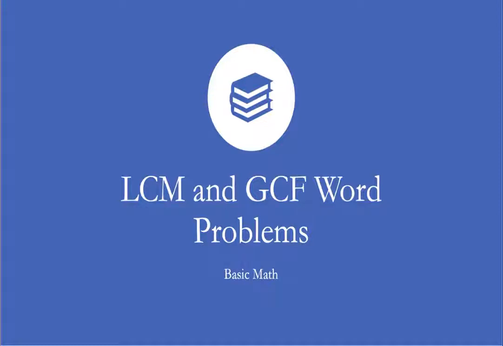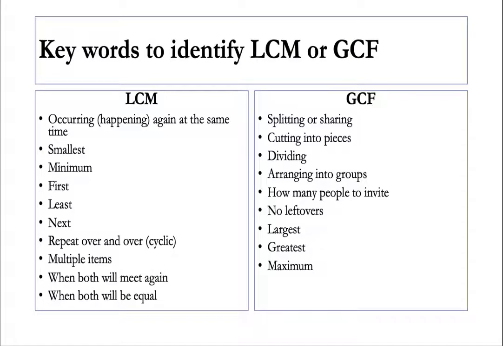So let's take a look at some keywords and phrases that will help you identify what type of problem you are dealing with. If you have a least common multiple problem, you're going to know by keywords and phrases. If the situation is occurring or happening again and again, and the keyword here, at the same time, it is LCM. The L in LCM represents least.